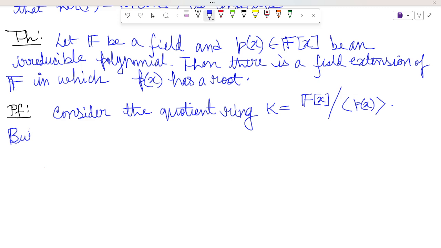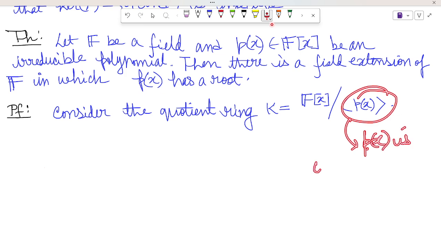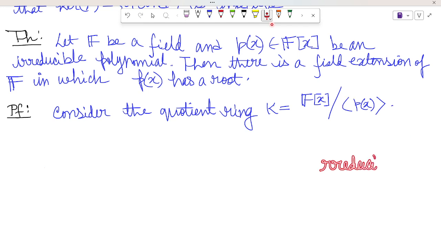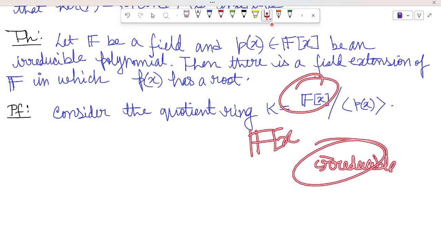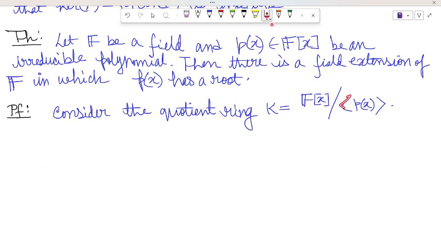Now observe that p(x) is irreducible and F[x] is the ring of polynomials over a field. So if we go mod by an irreducible, what will this give me? This will give me a field. Why?